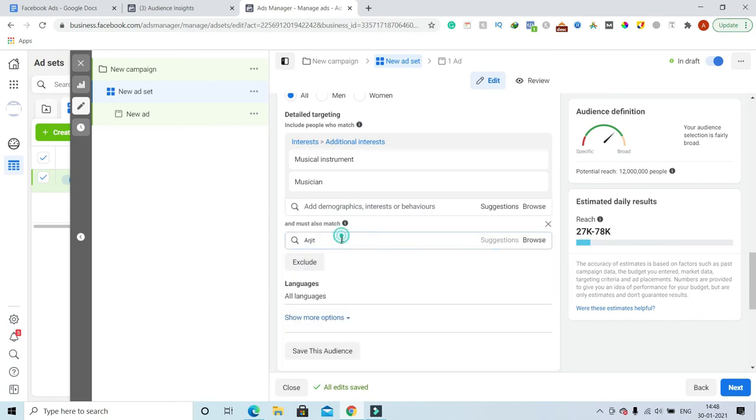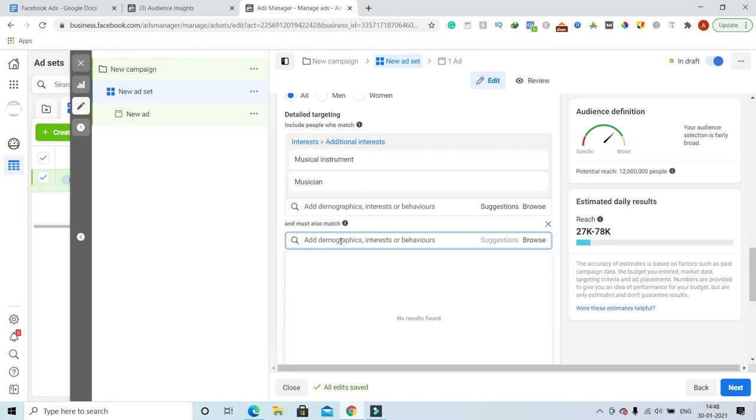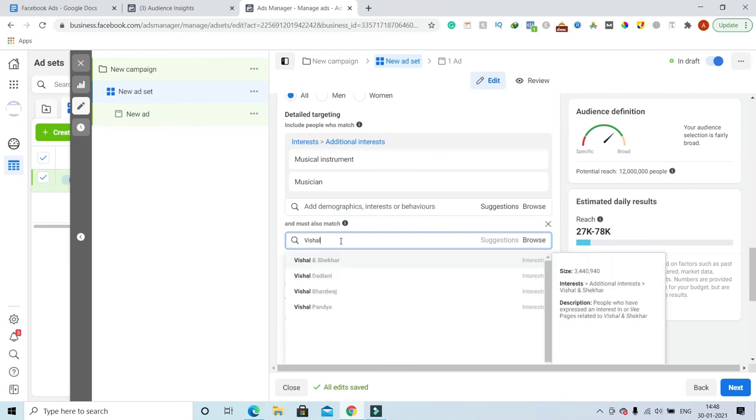Okay, I'm not able to find Arjit Singh. So let us search for some other singers. So yeah, Vishal Dadlani is a singer, so we can see this.